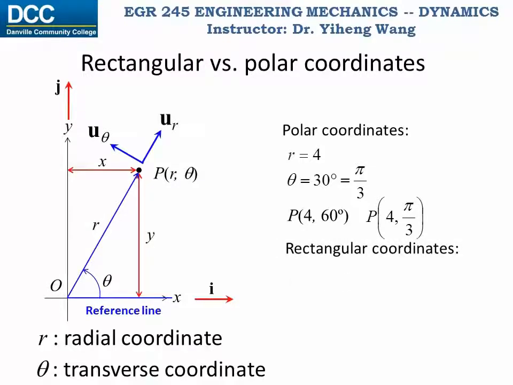For the rectangular coordinates, x equals r cosine theta, which equals 2 in this case, and y equals r sine theta, which equals 2 times the square root of 3 in this case. Therefore, the same point represented by rectangular coordinates is now (2, 2 square root of 3).